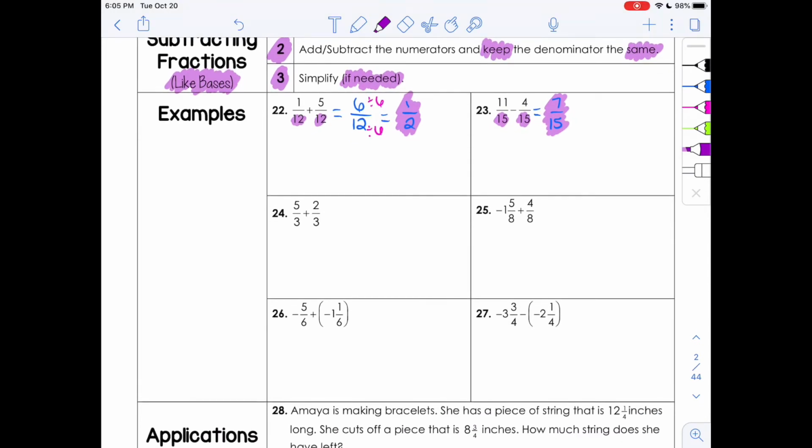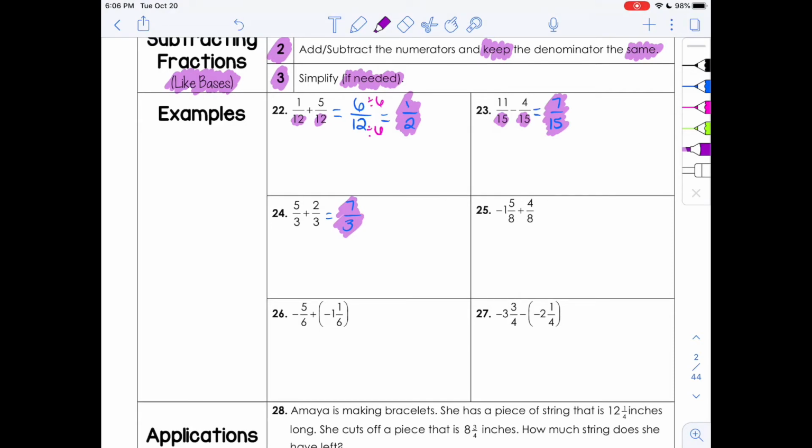Number 24, again, our denominators are the same, so we can simply add our numerators. 5 plus 2 is 7. And then our denominator of 3 stays the same. Now, depending on the situation and the problem you're working with, leaving your answer as 7/3 is perfectly fine. As you move higher into different math programs, this is the way you're going to want to leave your answer.